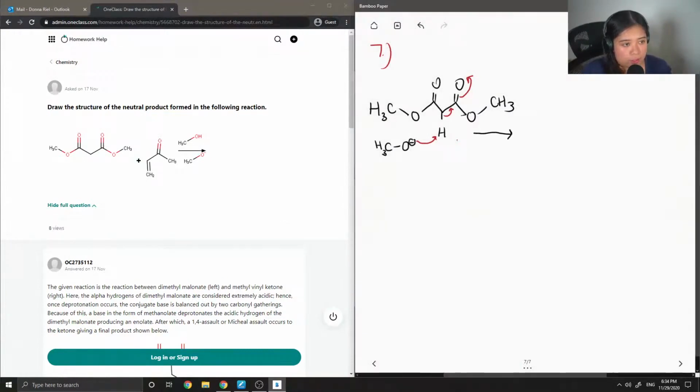But if I were to draw this structure to show how the charge can be stabilized, it will look like the following. Since realistically the negatively charged oxygen doesn't just stay on the one oxygen atom, it will look like this.